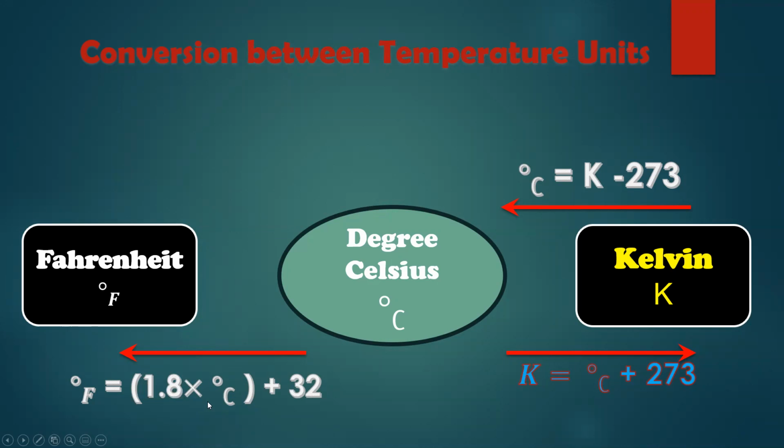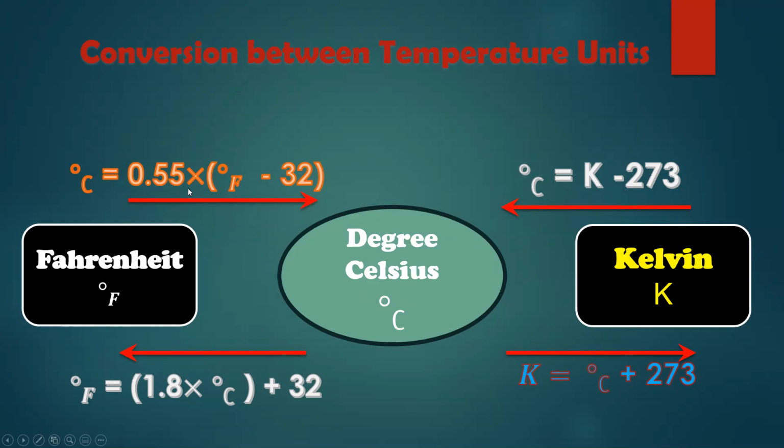And for sure, vice versa, when we are asked to calculate the degree Celsius from Fahrenheit, the degree Celsius is 0.55 times, open bracket, the degree Fahrenheit minus 32. So firstly, subtract 32 from the given value of Fahrenheit.